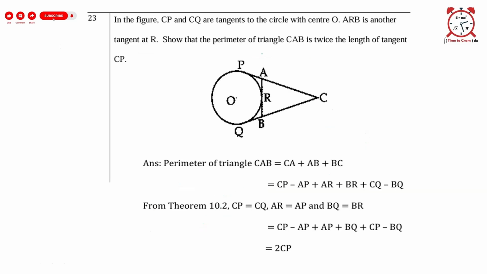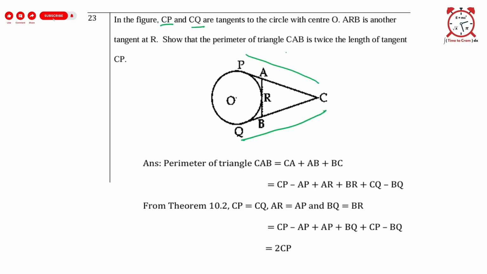Question number 23. This is a very important, little difficult question to solve. So let us read the question first. In the given figure, there is one circle and some tangents. So we have to identify all the tangents properly from the figure. In the figure, CP and CQ. Where is CP? CP means this and CQ means here.